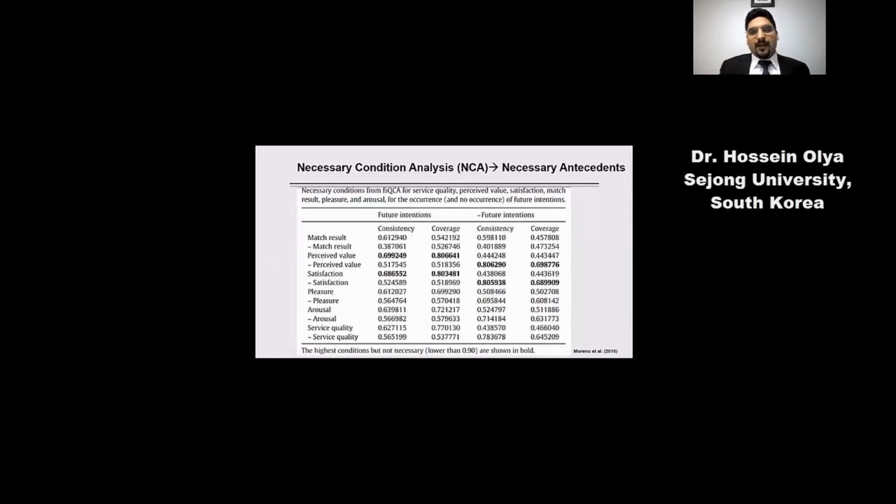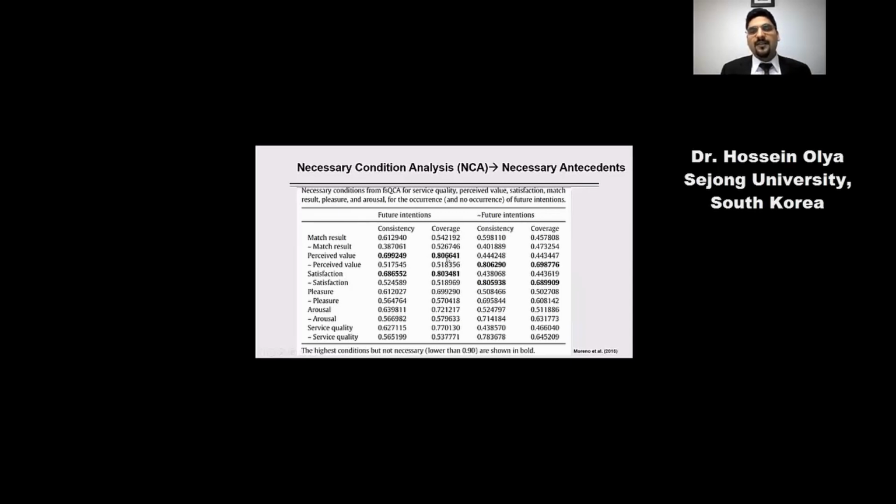Yes, we talk about the sufficient antecedent using SEM. We talk about the sufficient configuration using fsQCA. Now we need to know what factors are necessary for future intention of the basketball spectators. So they run another model, another analysis, necessary condition analysis, and they see that none of the factors are necessary.